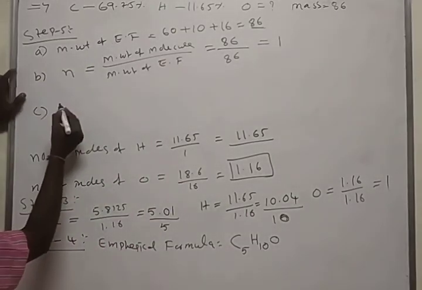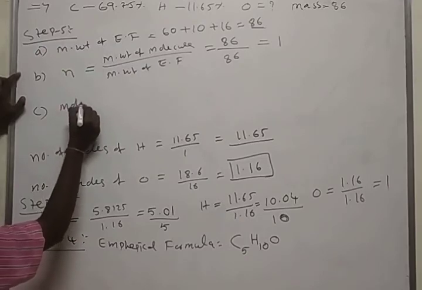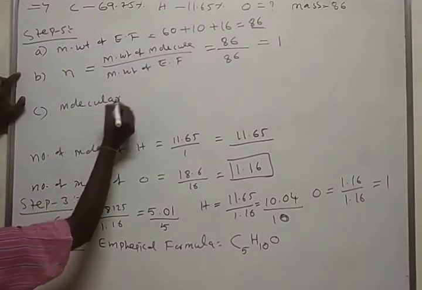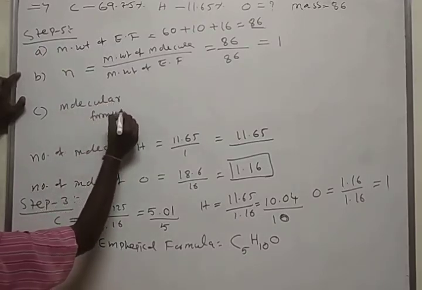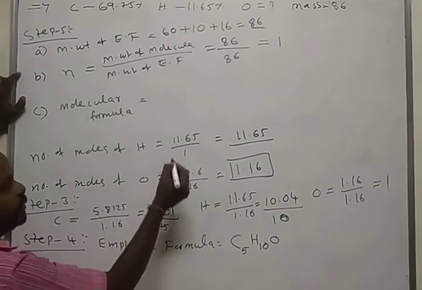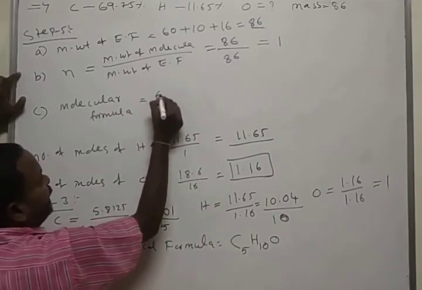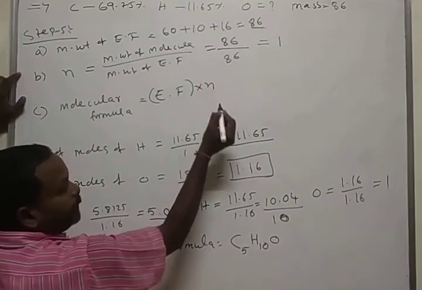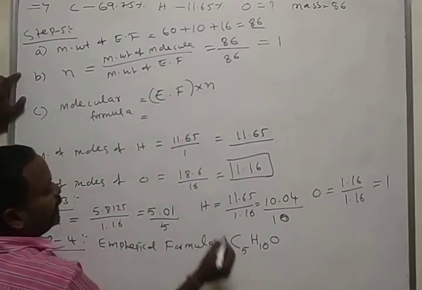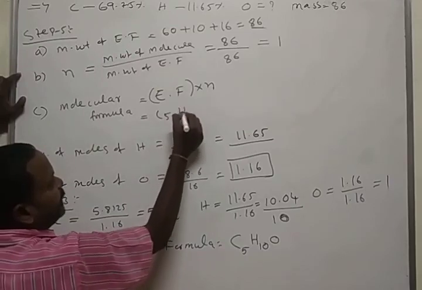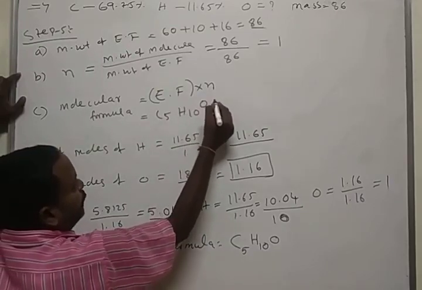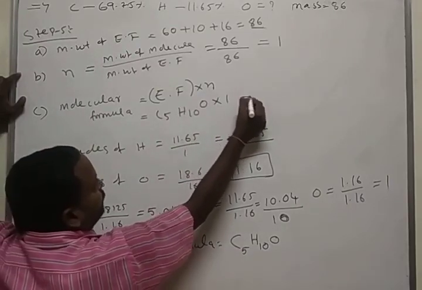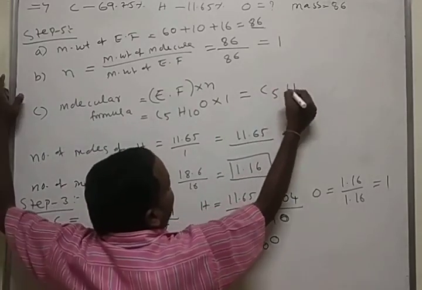Next, C: what is the molecular formula? Molecular formula is equal to empirical formula times N. The empirical formula is C5H10O, times 1, so C5H10O.